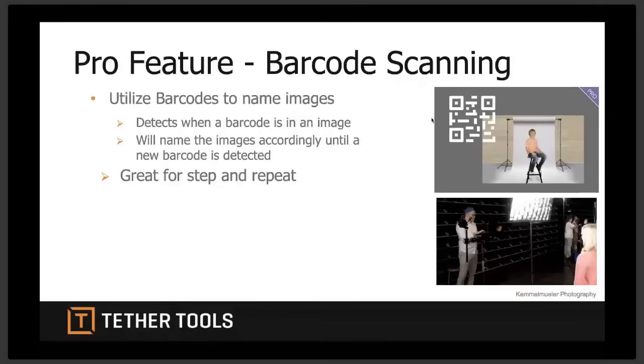You get back to your editing bay, and it's very clear which shot goes with which kid. Very simple, very easy to use. The biggest challenge is creating the barcodes, which does take a little bit of work up front. After that, it saves you a ton of time on the back end. So that's barcode scanning. Again, that is also a pro feature.